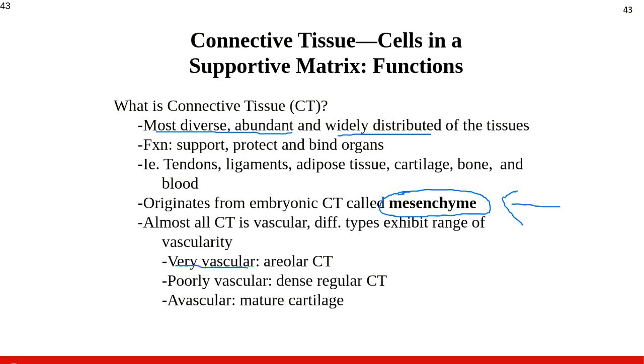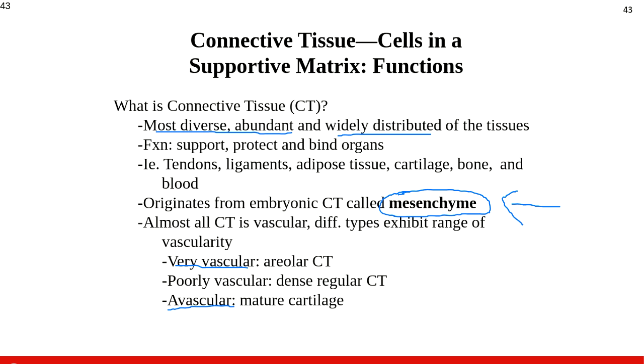And in other types of tissues, we have no blood vessels present. We refer to that as avascular, like mature cartilage. Immature cartilage has a little bit of blood vessels, but mature cartilage has no blood vessels present, so it's avascular. So the vascularity ranges in connective tissue.